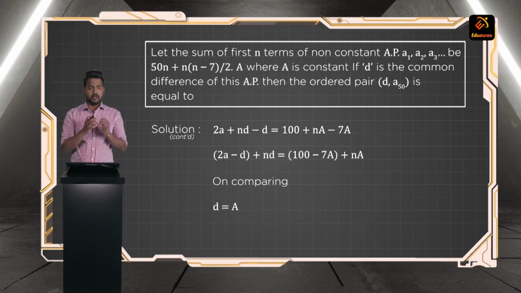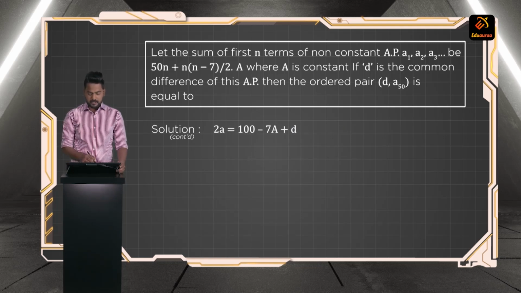And comparing the constant terms, 2A minus D is equal to 100 minus 7A. If I take minus D to the other side, it will be plus D. So 2A is equal to 100 minus 7A plus D. And what is the value of D?